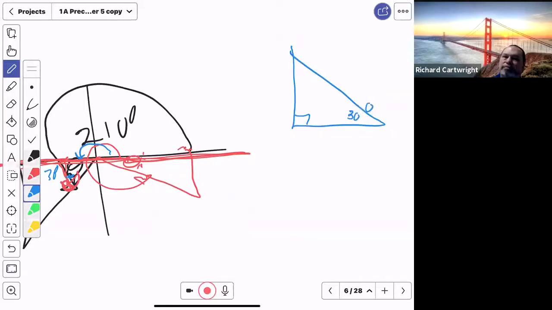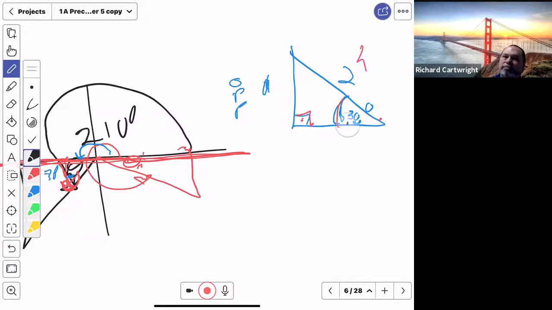You should have learned that across from a 30-degree angle is a 1. The hypotenuse will always be a 2. This side is the opposite of the angle that I care about, and this is my hypotenuse always, because it's opposite the right angle.